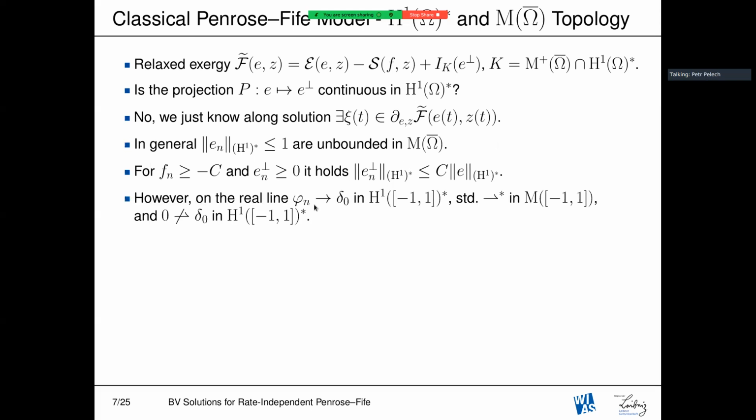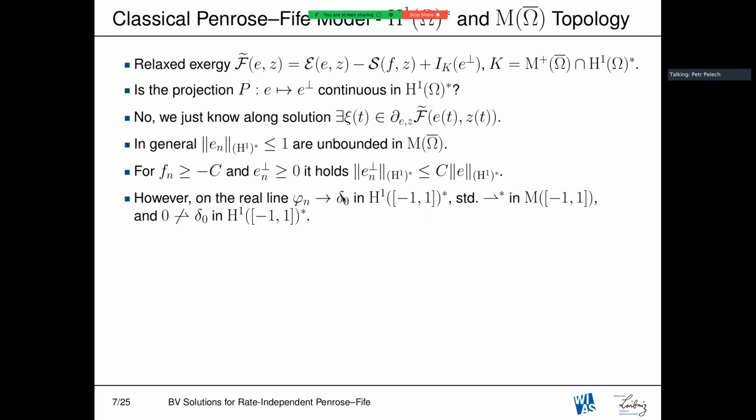And the simple counterexample here is that, as everyone knows, L1 functions can concentrate in the big topology in measures to a Dirac measure. But this converges weakly star in measures.